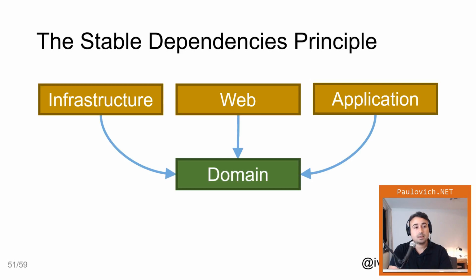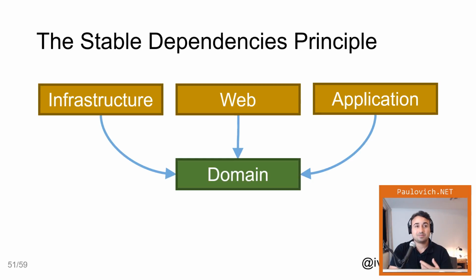But that is not something that I see much, because everything starts with this basic idea of the application, your infrastructure, or web, your user interface depends on your domain model. So these yellow components trust that the domain model is responsible, is stable, right? And they build the infrastructure, the application, the web based on that promise?